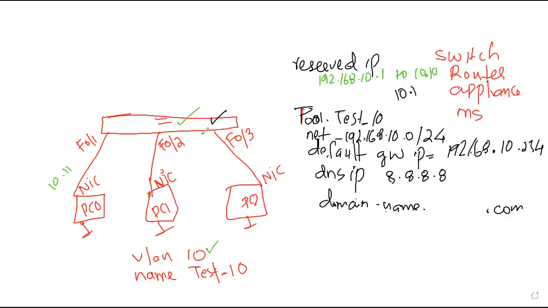Assign a name to the VLAN, name test_10 or -10. Then the default ports 1, 2, 3 belong to VLAN 1. You need to change those ports into VLAN 10. Then set auto IP on the system before you create the DHCP. The DHCP server will release the IP to the client. Okay, so we'll look into the configuration part in detail.